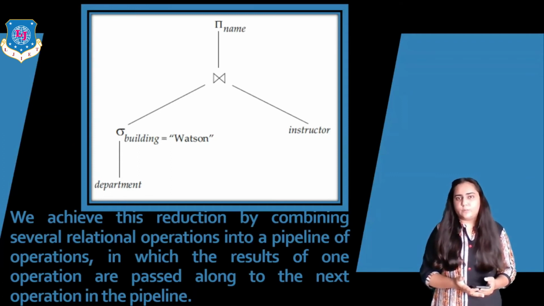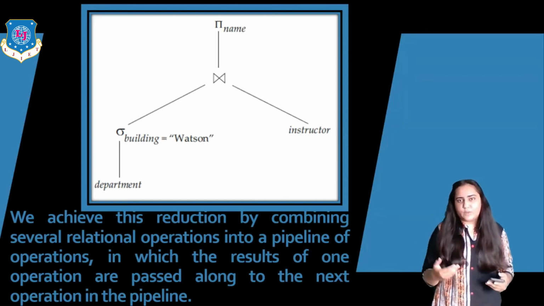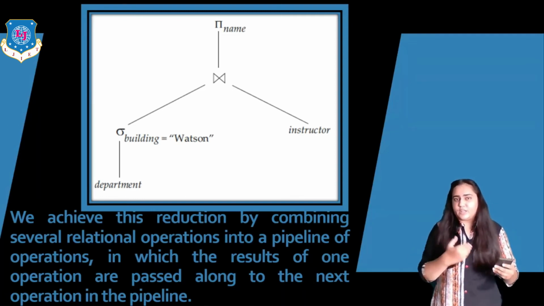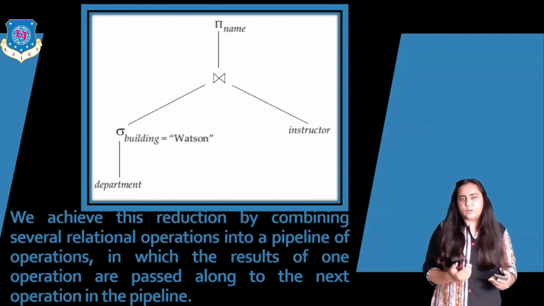So some common column has to match. Now, this also is done in the form of a pipeline. Every row of instructor will also pass through a pipeline of natural join and pi operations. So in order to avoid the creation of so many temporary relations, we can apply pipeline operation.